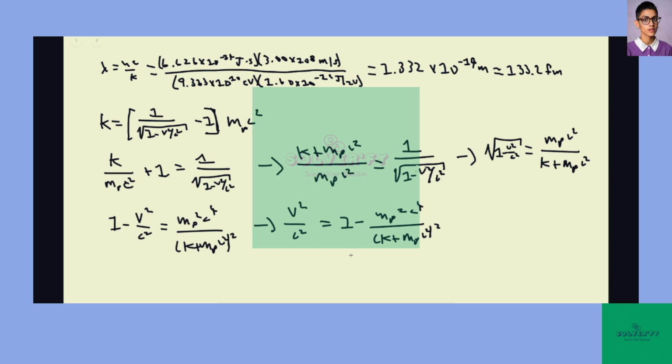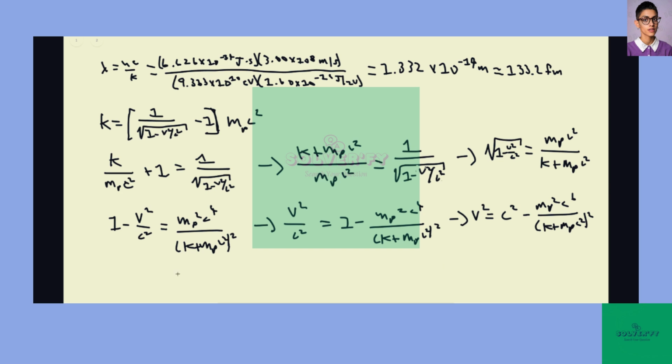Multiply both sides by c squared. You have v squared is equal to c squared minus mp squared c to the 6th over k plus mpc squared, squared.